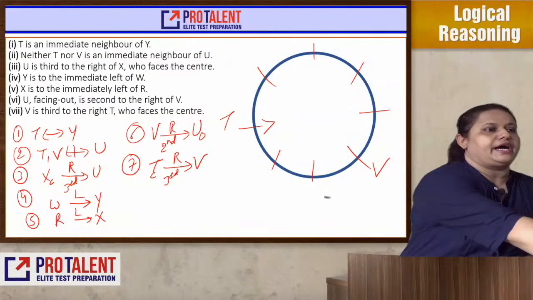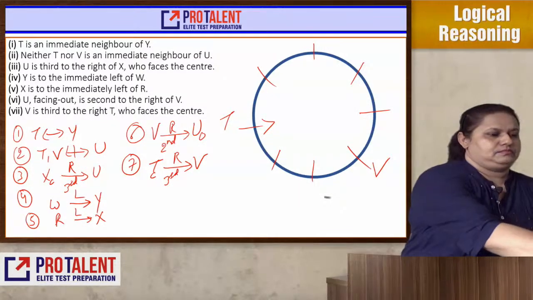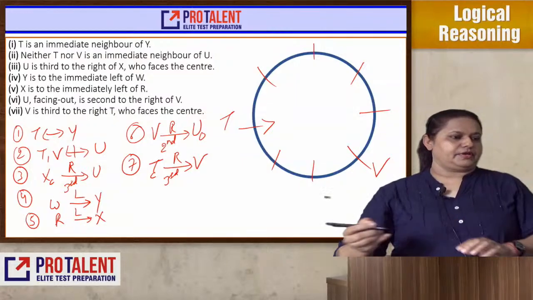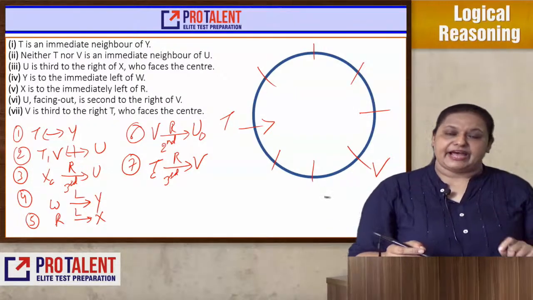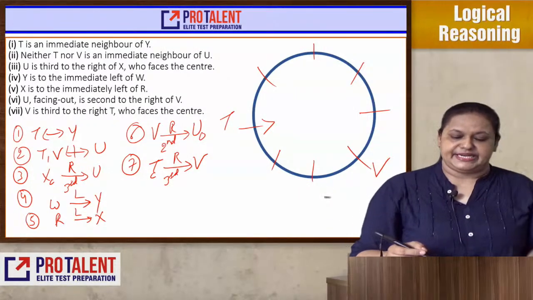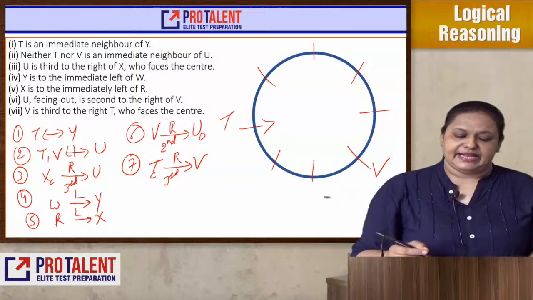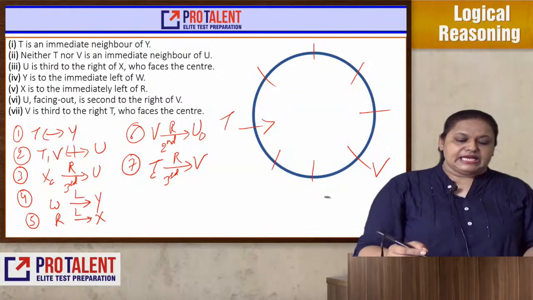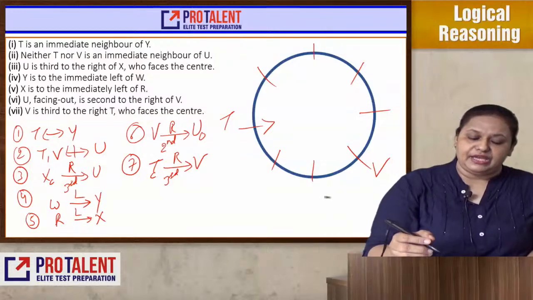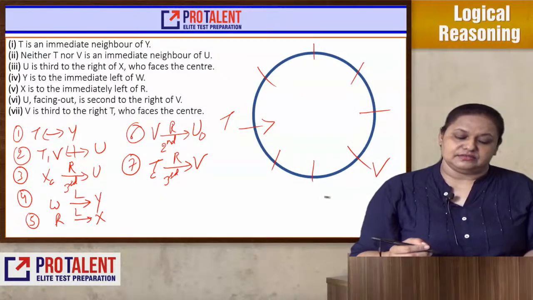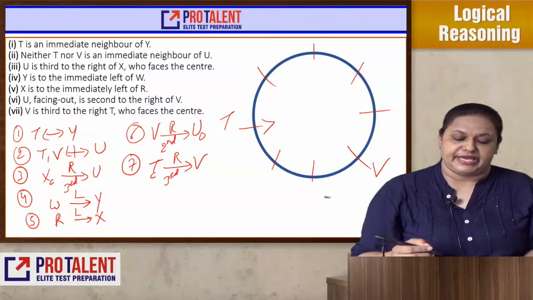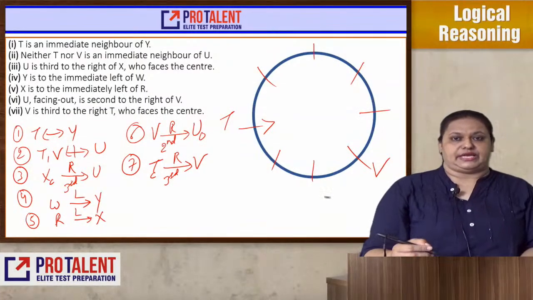Okay, so is the first point clear? What I have done is I have used point number 7 first, that T is facing the center, and in the right side, the third position, V is there. Now with respect to V, I know that in the second position to the right, U should be there, and U is facing outside.